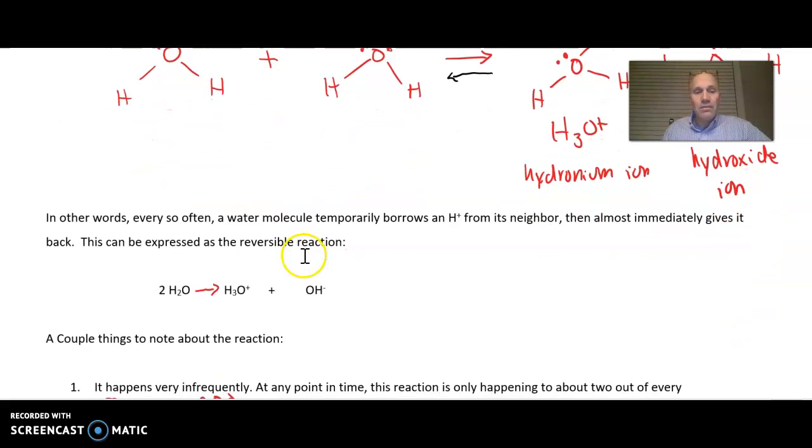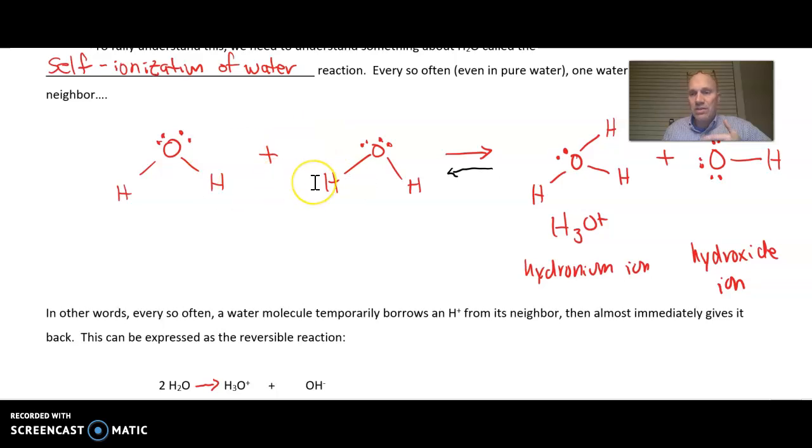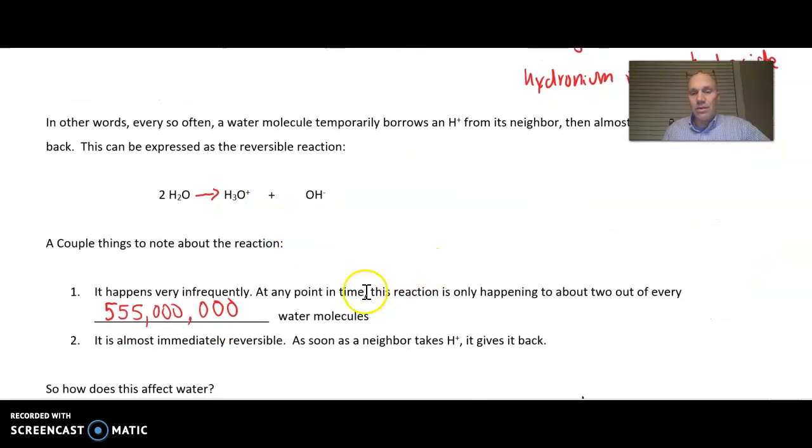This only happens to a very, very small number of molecules at any given point in time. To be exact, at any point in time, that reaction is only happening to about 2 out of every 555 million water molecules. We're going to talk about that a little bit statistically in just a second.